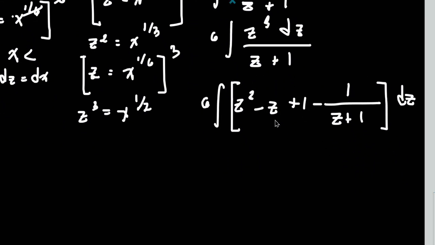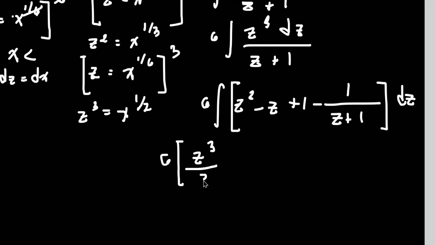Okay, so we can now perform basic integral rules. So we have 6, and this should be z, so 2 plus 1, that would be 3.